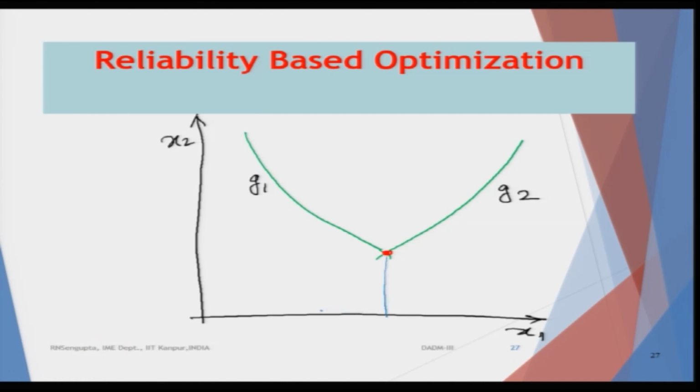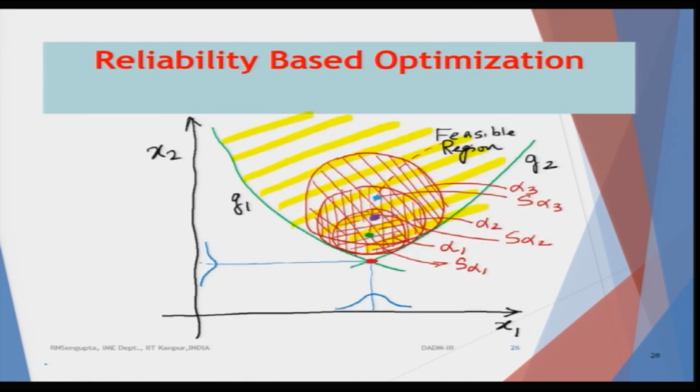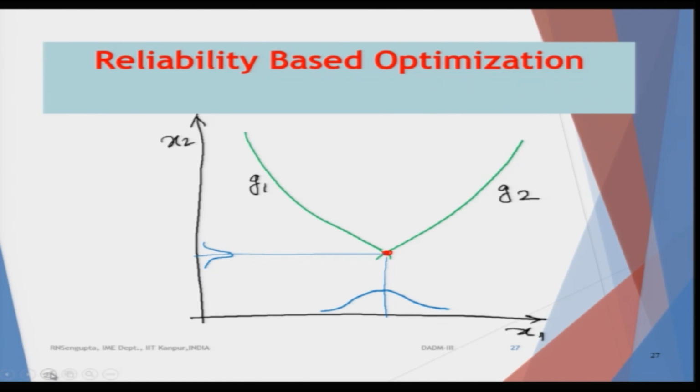Consider this variance is large and this variance is small. So, what will you have in this region? What circle colors do you use? You use this one. So, it will be with different levels.